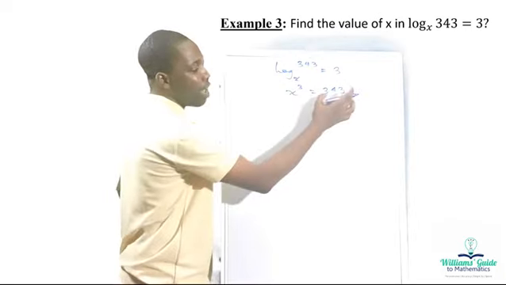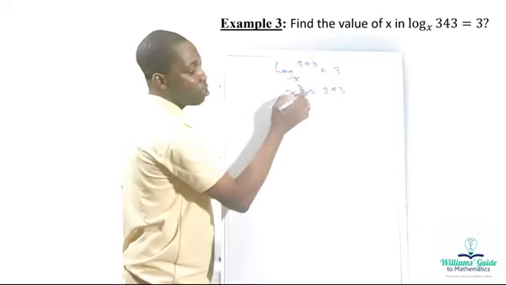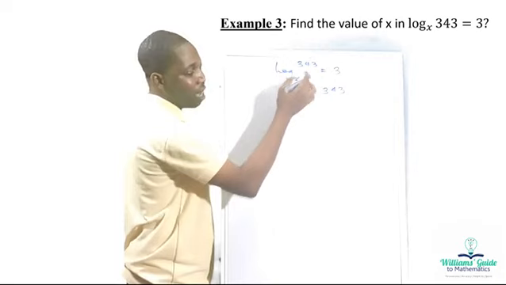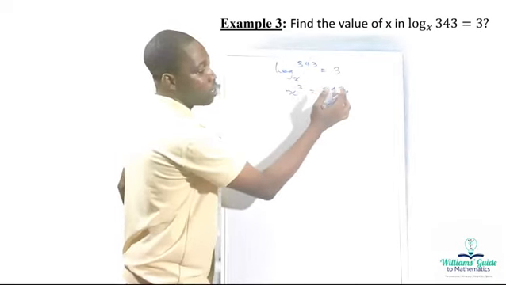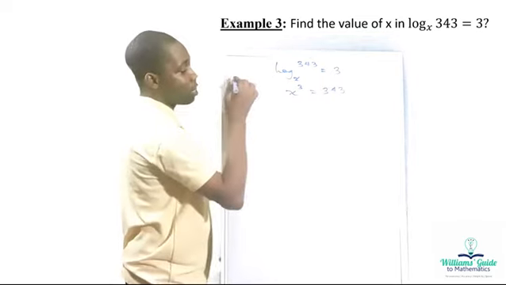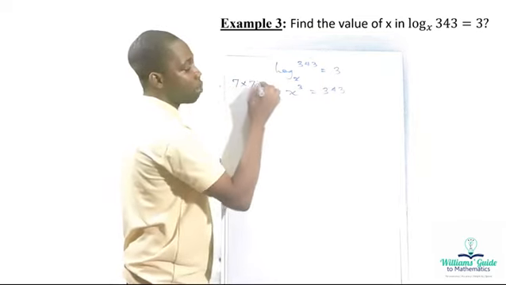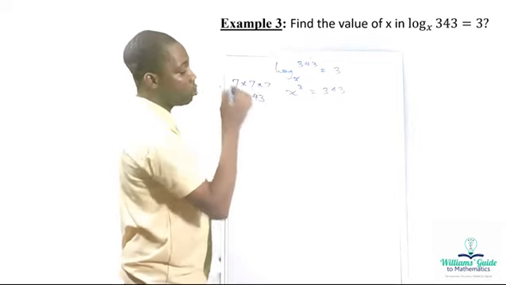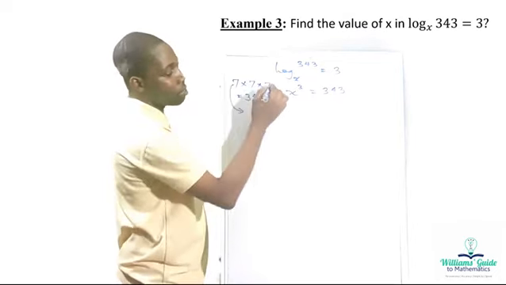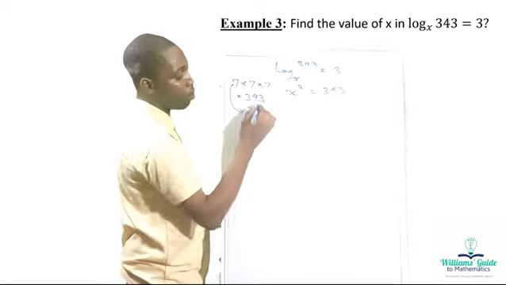So we think of the number we multiply 3 times to give us 343. If you try 7 times 7 times 7, you will get 343, which means 7 times 7 times 7 is 7 raised to power 3.